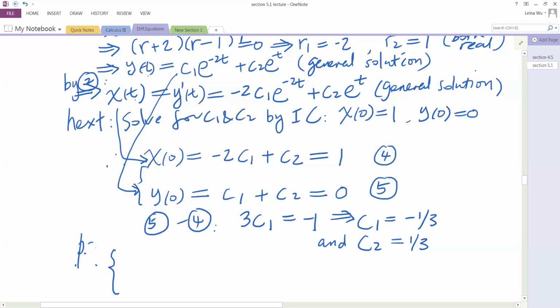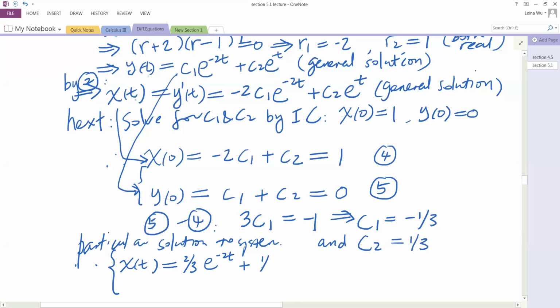Once you plug c1 and c2 into the general solution, we have the particular solution to the system. x of t equals negative 2 times c1, so 2/3 e to the negative t, plus c2 e to the t.